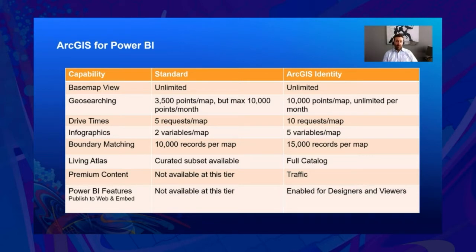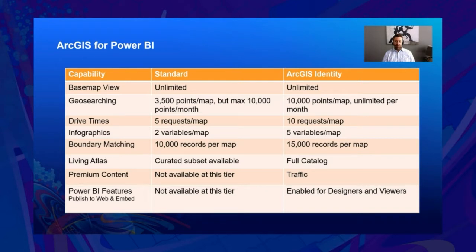Now, if we want to enhance our experience with an ArcGIS identity, we see that the amount of geocoding or geosearching that we can do is greatly increased to 10,000 points per map and on a per month basis. Additional drive times, more infographic variables, and the boundary matching, which is very key to a lot of reports, increases up to 15,000.